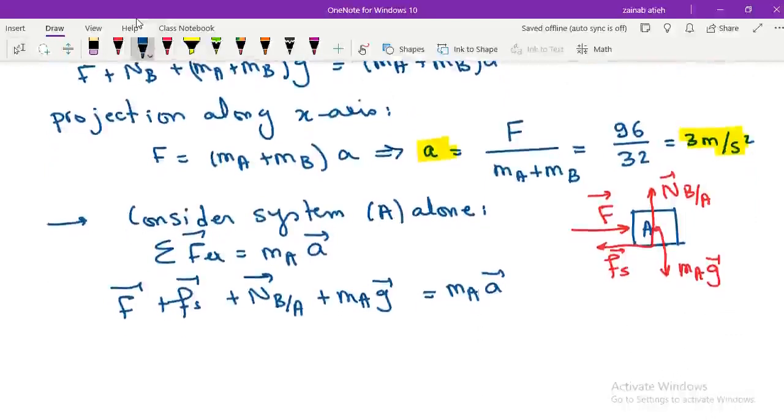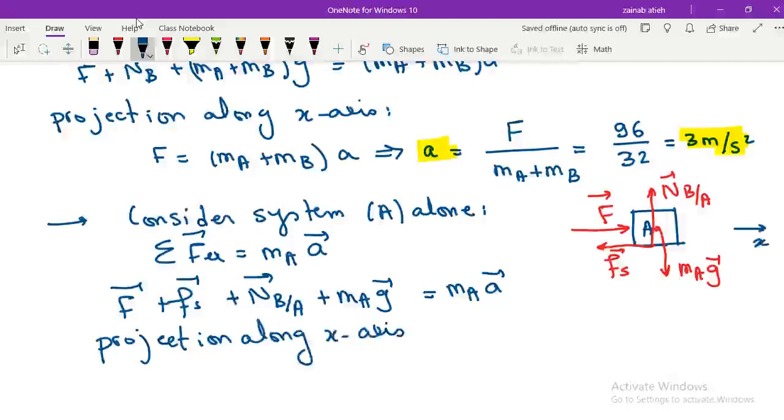So projection along the x-axis. What is on x? As we said, the direction of motion is to the right. So I take the x-axis to the right and the y-axis upward. What is on x? I have F minus Fs, because Fs is opposite to the x-axis.